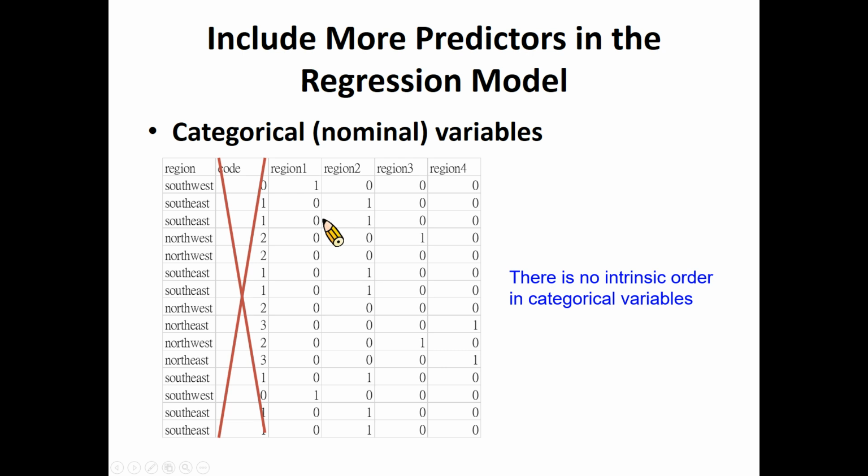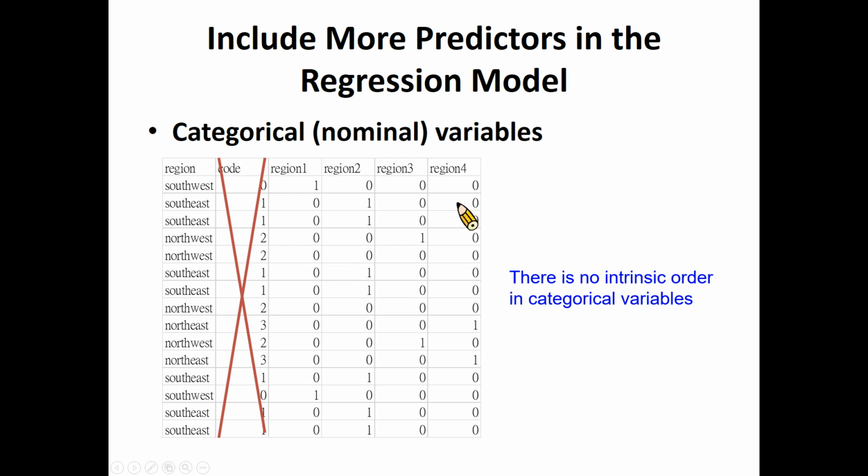So we cannot use ordinal data to replace categorical variables. But how do we do this in the regression? We need to create dummy variables.